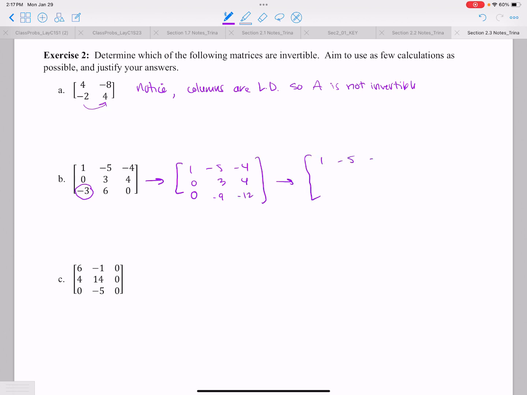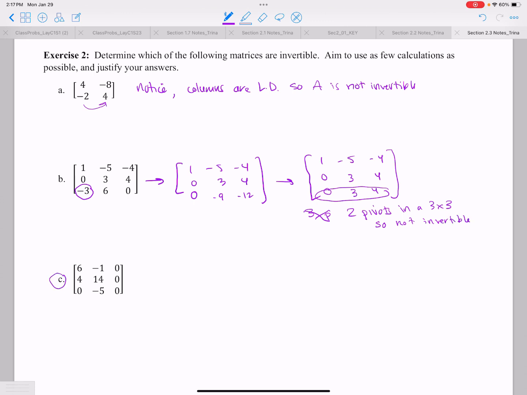If I keep going, I have 0, 3, 4. Then if I divide the last row by -3, I have 0, 3, 4. I know that I will only have 2 pivots because this last row will become all zeros. So 2 pivots in a 3 by 3, so not invertible.